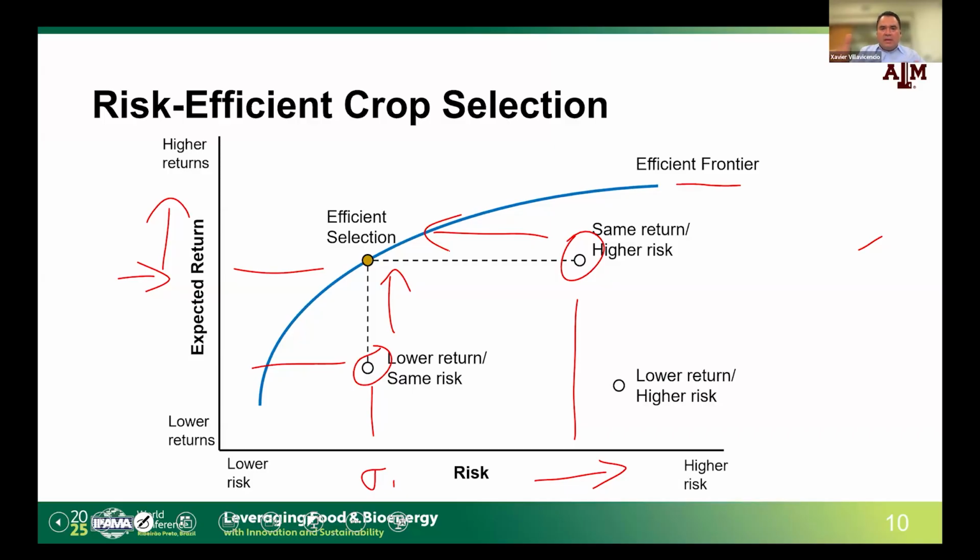So this is basically what we are doing here. We are taking any arbitrary solution, and then we are going to fit the model in order to calculate the most efficient allocation of crops. For this work, I am going to present the first version, the one in which we fix the risk level, and then we try to obtain the highest possible return.